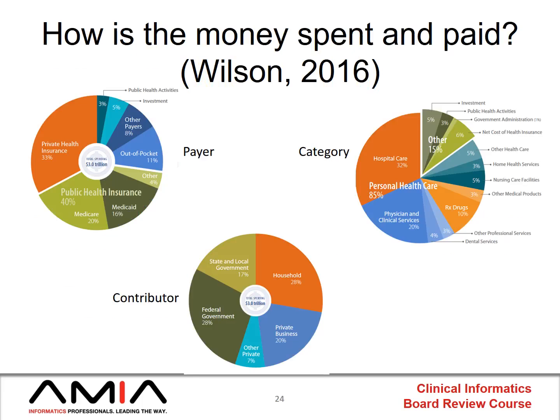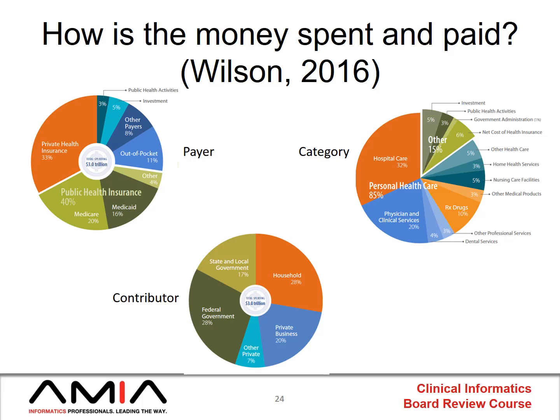This slide reproduces some figures from the Healthcare Costs 101 publication. It looks at the flow of money from the standpoint of the payer. So who's paying? We see private health insurance, public health insurance, and others.